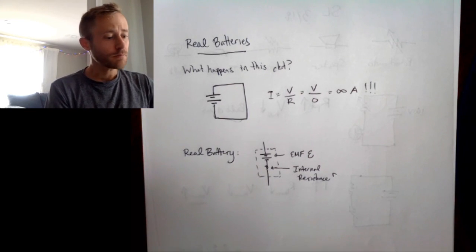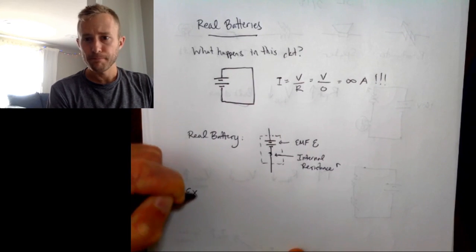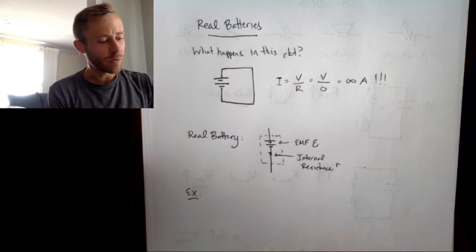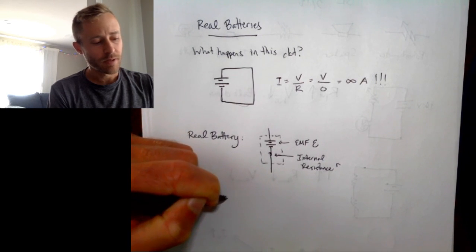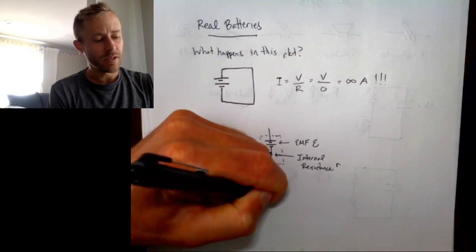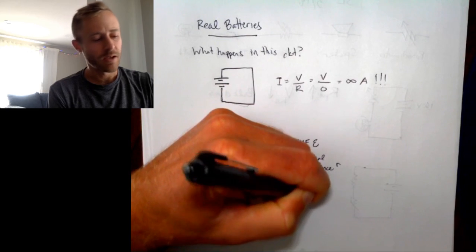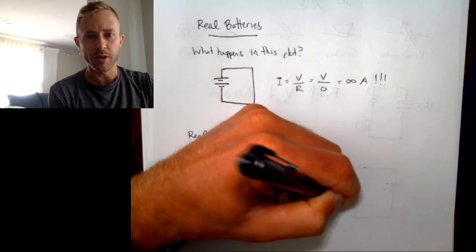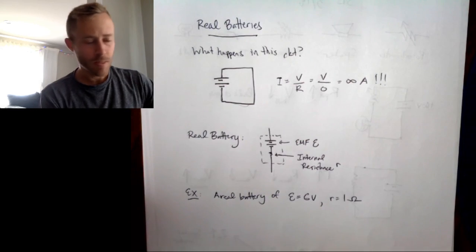So let's just do an example here. Let's say we have a real battery of EMF 6 volts and internal resistance 1 ohm. Okay?